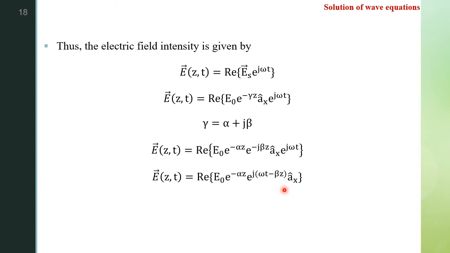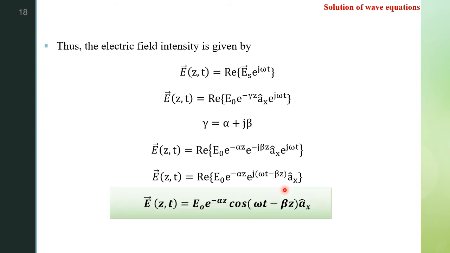And this is the complex term. If you take the real part of this, it will reduce to cos. Hence, the electric field vector EZT is given by E naught e raised to minus alpha z cos of omega t minus beta z Ax cap.